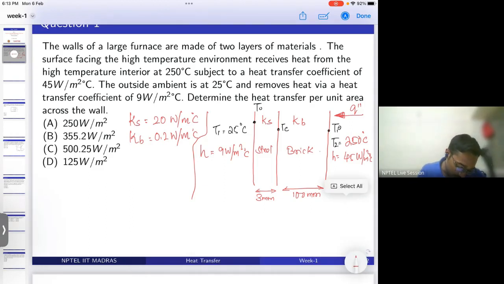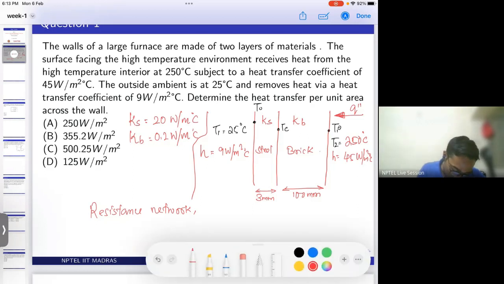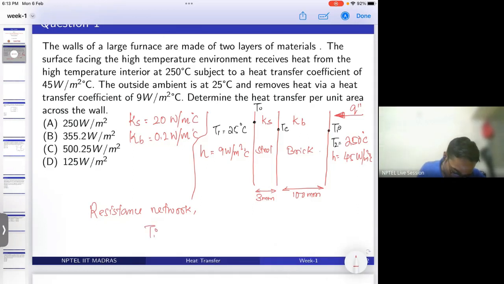So now let's draw the resistance network of this. First we have T1 on this side, and we have a convection resistance that is happening, that is 1 by H1, then T0.